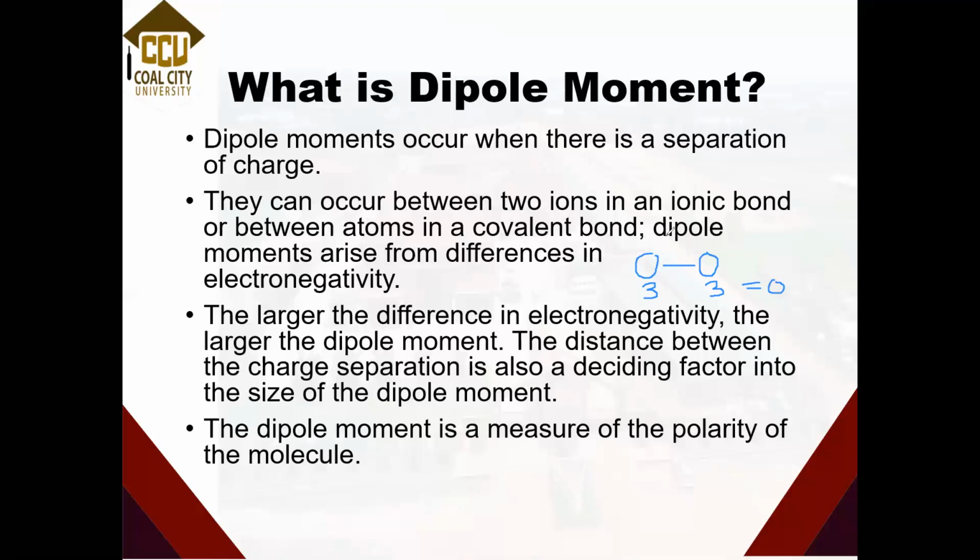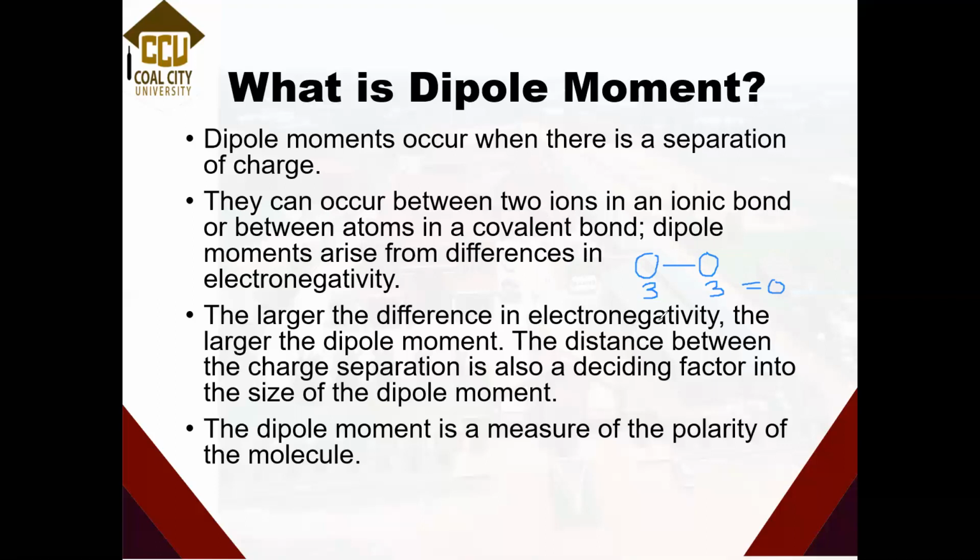Because we said dipole moment arises from differences in electronegativity, both ionic bond and covalent bond can have dipole moment. But for dipole moment to be present in any bond, that bond must be formed by two different atoms. Once it is formed by identical atoms, it can no longer have dipole moments.